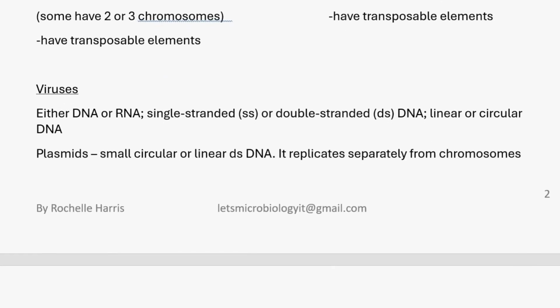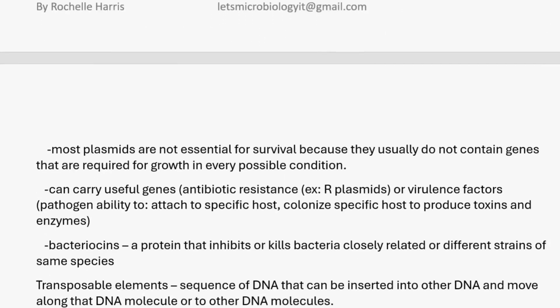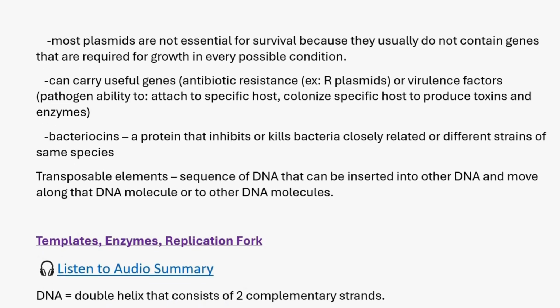While not essential for basic survival, plasmids can confer advantageous traits such as antibiotic resistance or virulence, enabling pathogens to attach to host, colonize tissues, and produce toxins. Some plasmids encode bacteriocins, proteins that inhibit or kill closely related bacterial strains, providing a competitive edge in microbial communities.